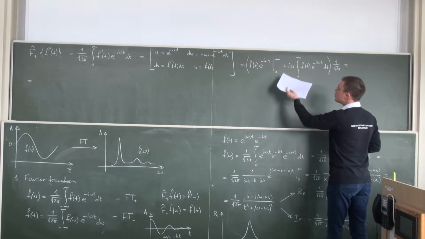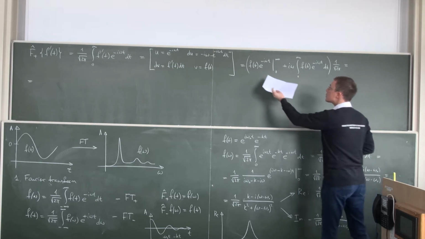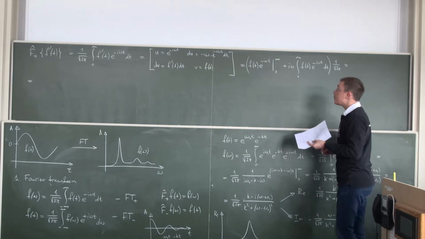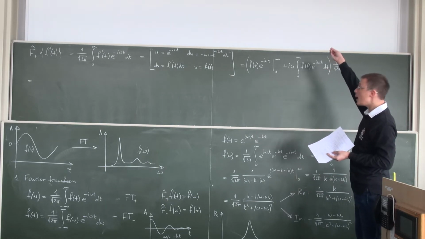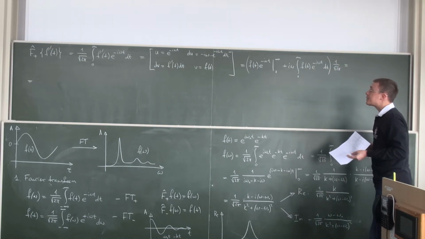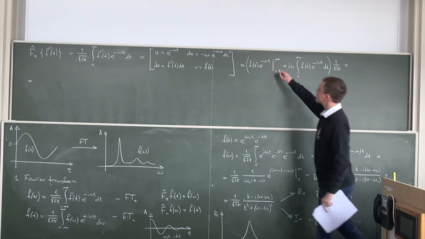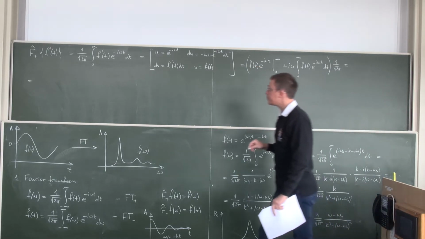If we go to infinity here, we assume that these functions are well behaved and integrable, so they have finite support, therefore they must go to 0 at infinity. So at infinity, at the upper limit, we have nothing. At the lower limit, we would have exponential equal to 1, and that is just f of 0.